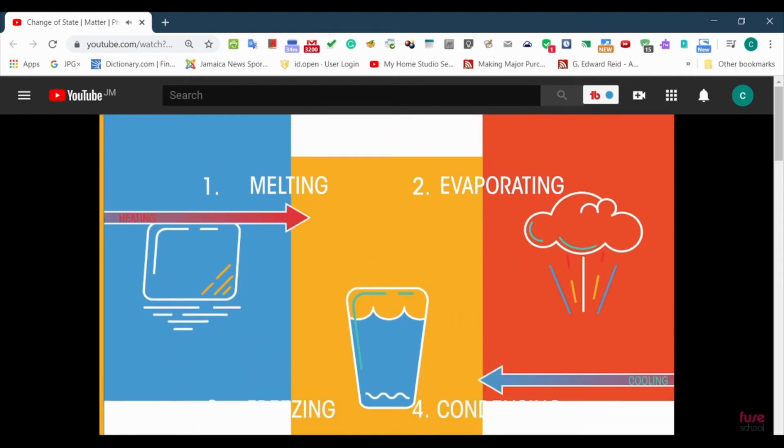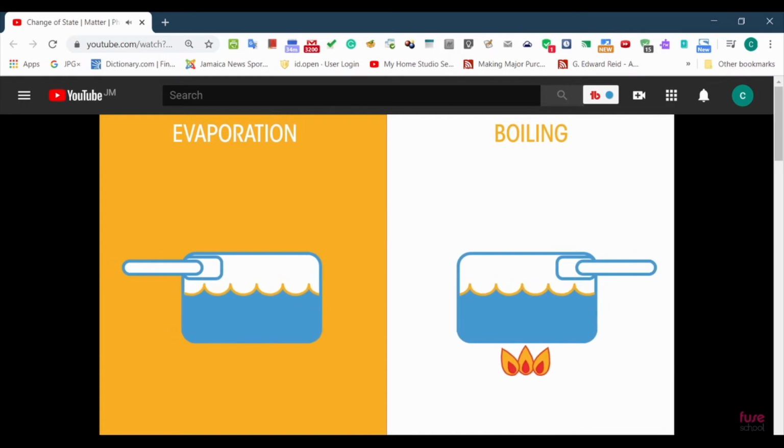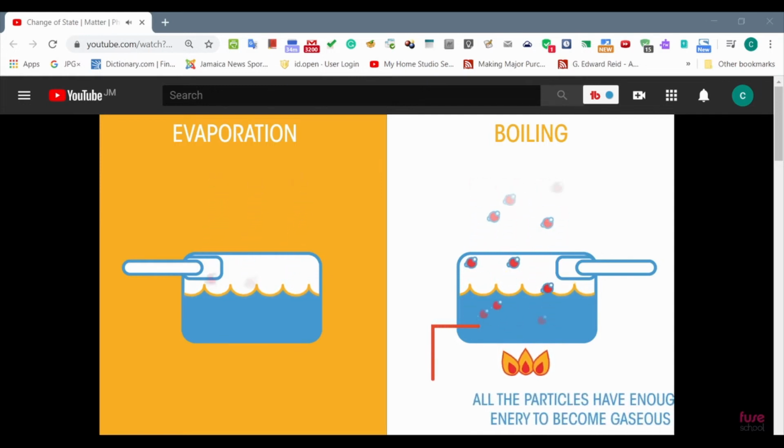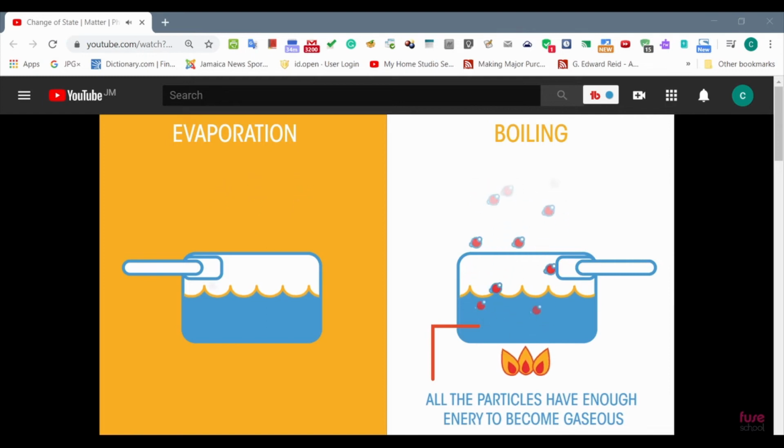Do you know the difference between evaporation and boiling? Both are when a substance transforms from a liquid to a gas. Think of a boiling pan of water, all of the water bubbles. This is because all of the particles have enough energy to become gaseous. But water standing in a pan that is not being heated by anything other than the environment can also turn into a gas. This is evaporation.